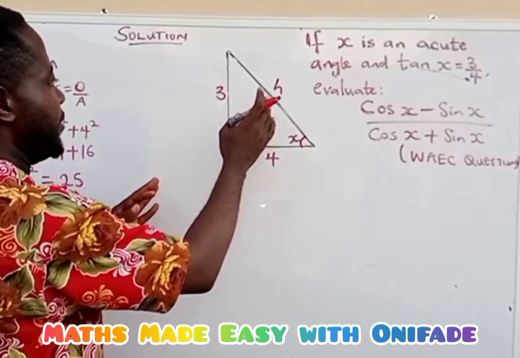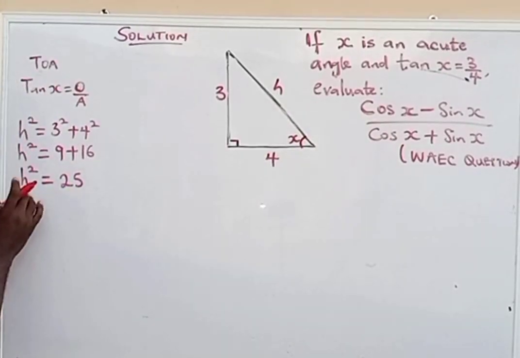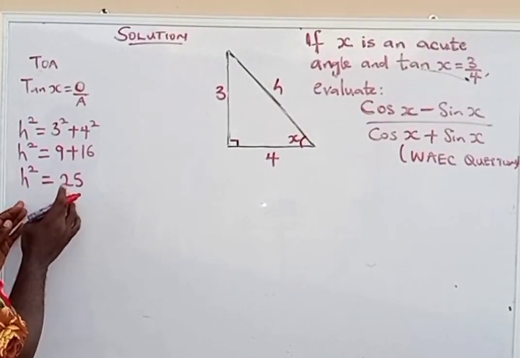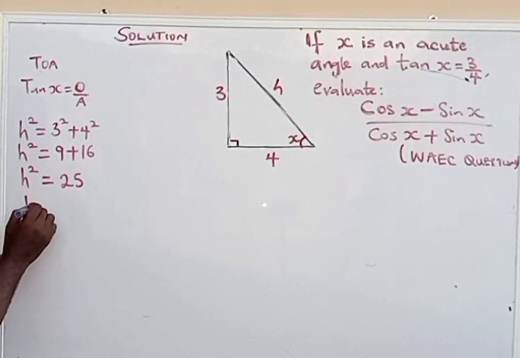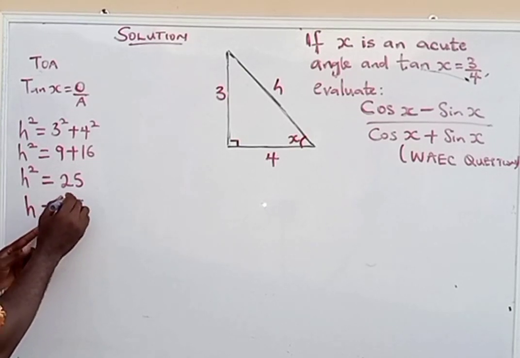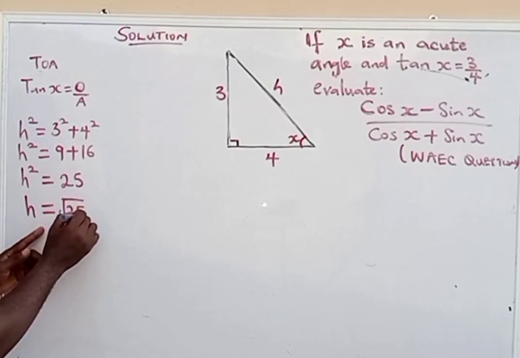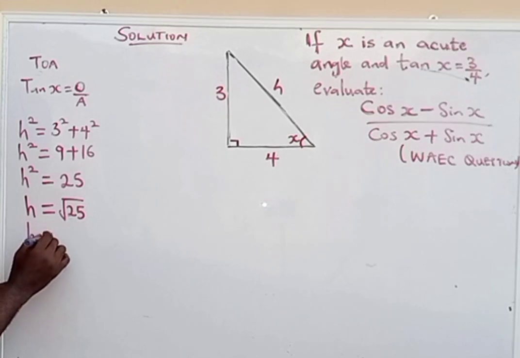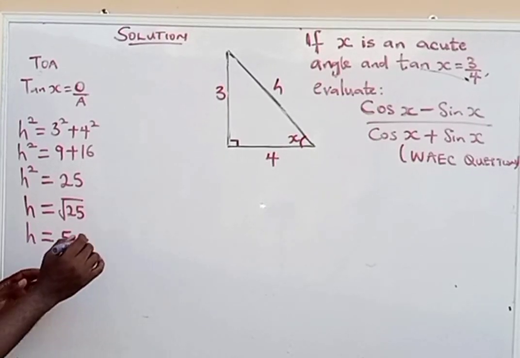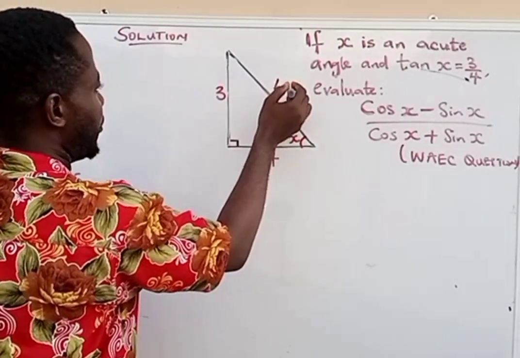To get the value of the hypotenuse, I take the root of both sides, so h equals root 25, which gives h equals 5. So my hypotenuse is 5.